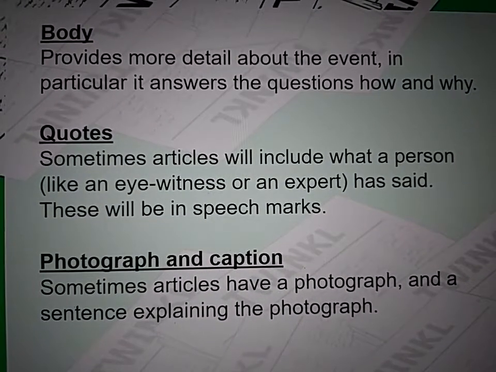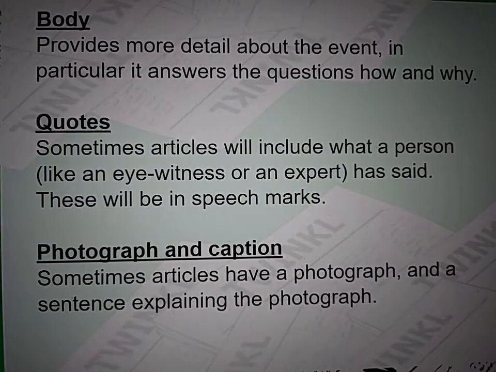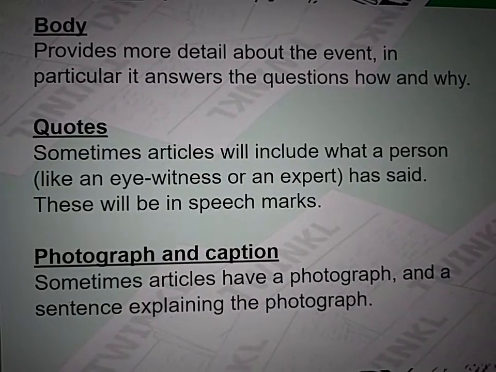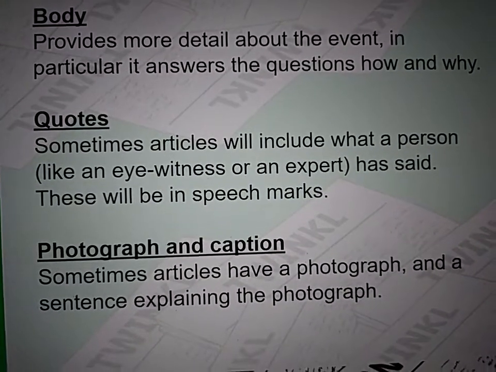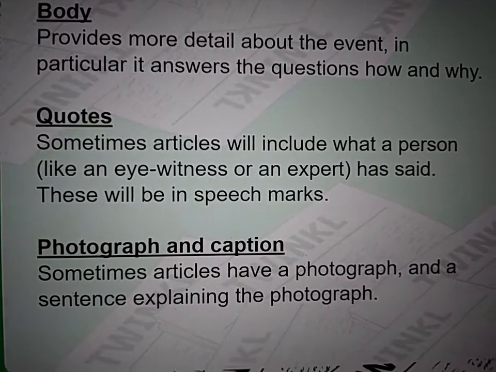Okay. The second 3 is the body. This is the main bit of writing. It provides more detail about the event. In particular, it answers the questions how and why. So in the body of my text, I'm going to be talking about how my computer didn't start up because power wasn't getting to it even though it was plugged in, and it turns out that there was a problem with the on switch.